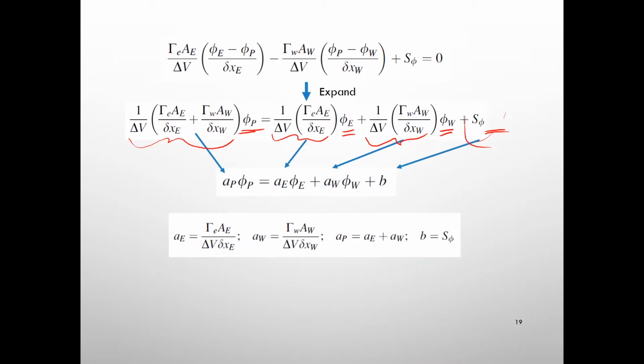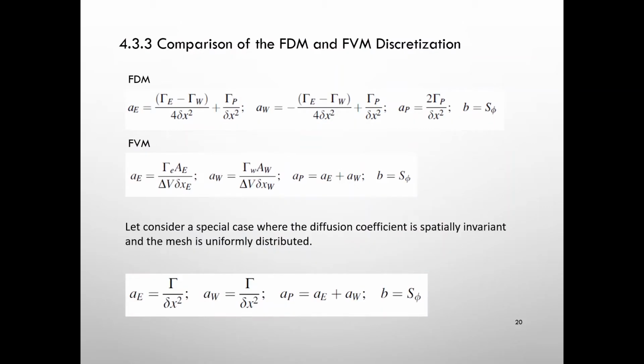This is what we obtain if we use the finite volume method; this is our coefficient. So we compare the FDM and FVM discretizations. The top one is the coefficient from FDM, and this is the coefficient that we obtained from the FVM.